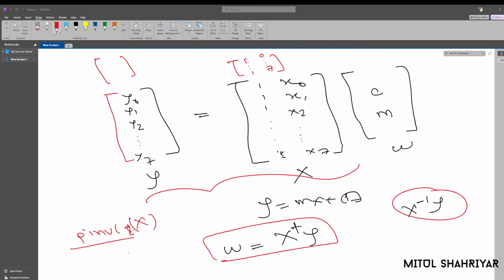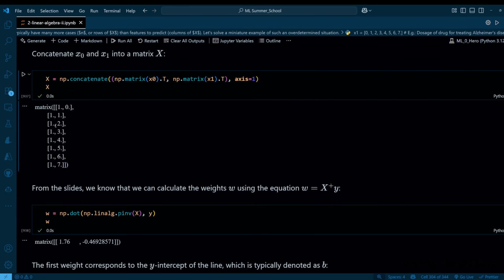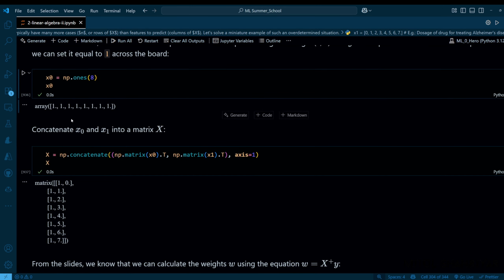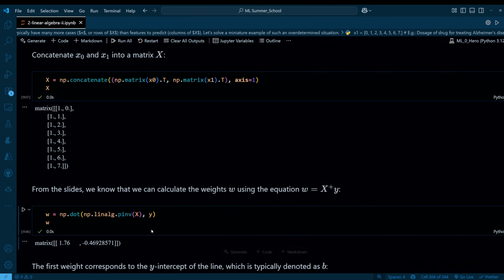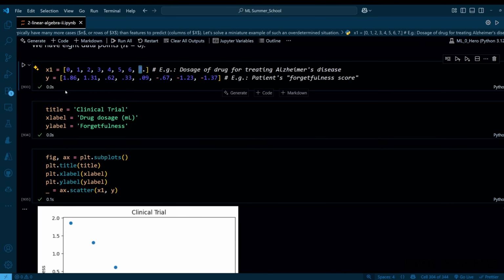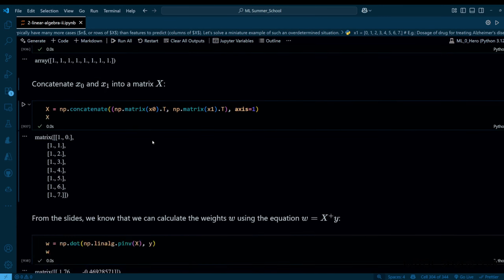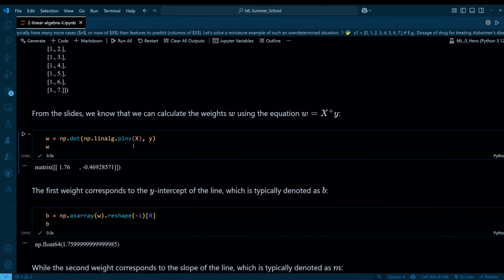Let me just go here. So here we have this, which is x, and you can see y. What is y? Y is here our value, already in some sort of row matrix. No problem with that. We can just multiply that with our pseudo inverse of x.